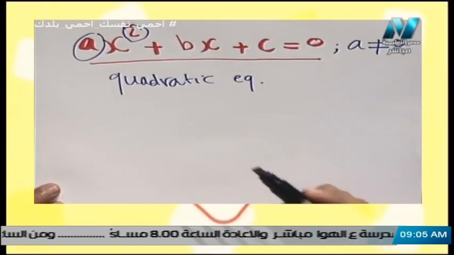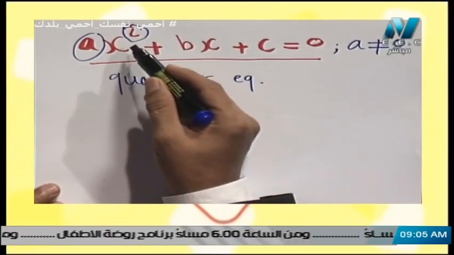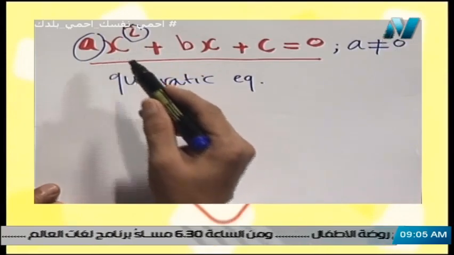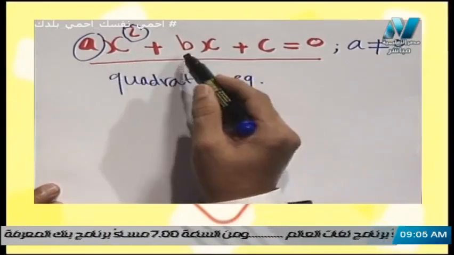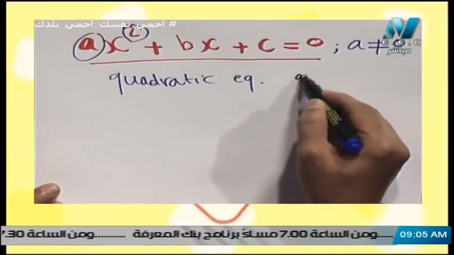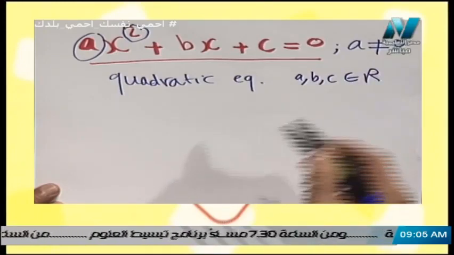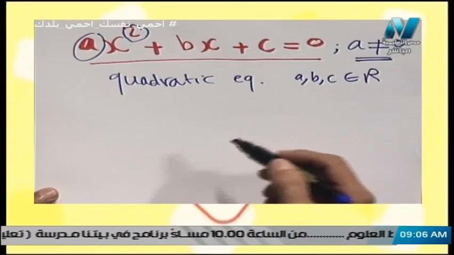Okay, how to solve this equation? If we have a second degree equation in one variable, it means that we have only x here, and a, b, c are real numbers. As we said, a doesn't equal 0.